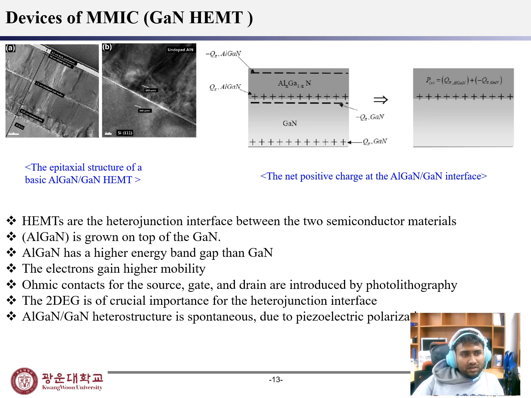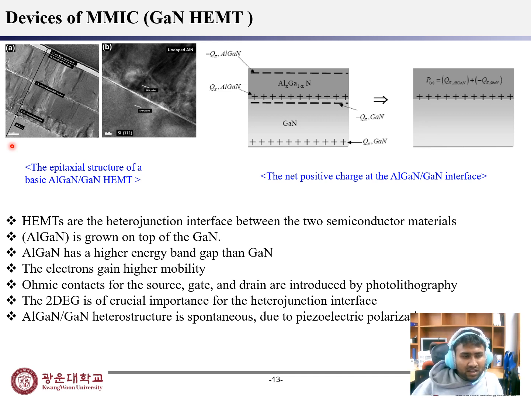Device of MMIC, gallium nitride HEMT. This image shows the axial structure of the basic aluminum gallium nitride/gallium nitride HEMT, and there is a net positive charge at the aluminum gallium nitride and gallium nitride interface. Mainly, HEMTs have a heterojunction interface between two semiconductor materials, and aluminum gallium nitride is grown on top of the gallium nitride, and aluminum gallium nitride has a higher energy band gap than gallium nitride.